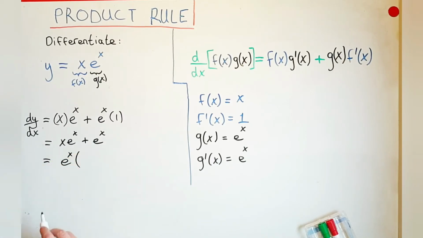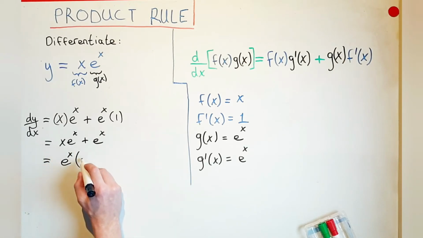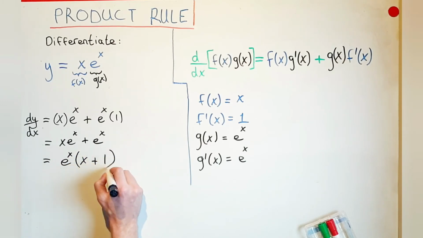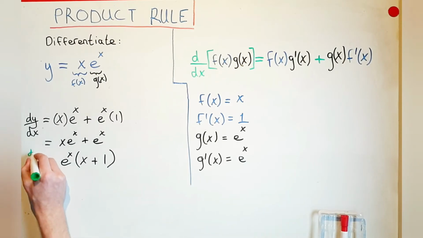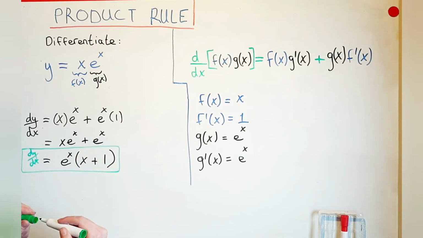That leaves us with the additional term in the expression, the x, and if we take e to the x out of the other expression, that will just leave us with a 1. So our final result is dy dx equals e to the x by x plus 1.